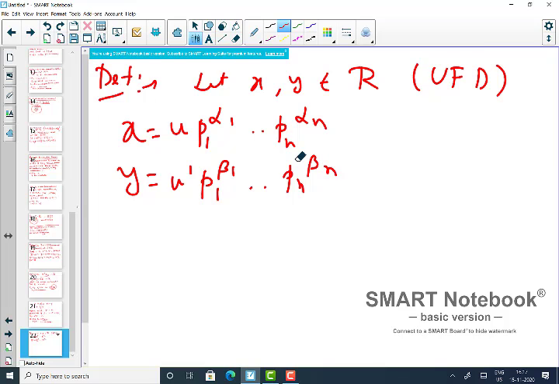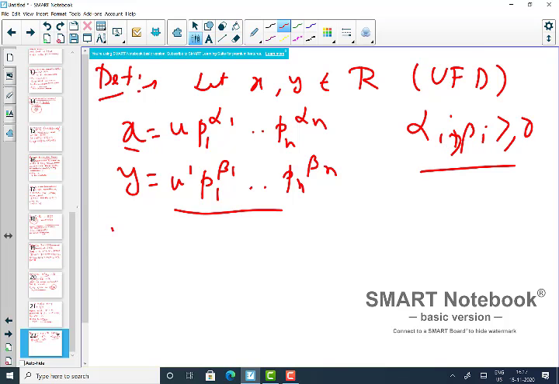These alpha i's and beta i's can be 0 also. What does that mean? That means some of the factors, say P1, may not be inside X, and some of the factors, say P3, may not be inside Y also, right? So they can be 0 also.